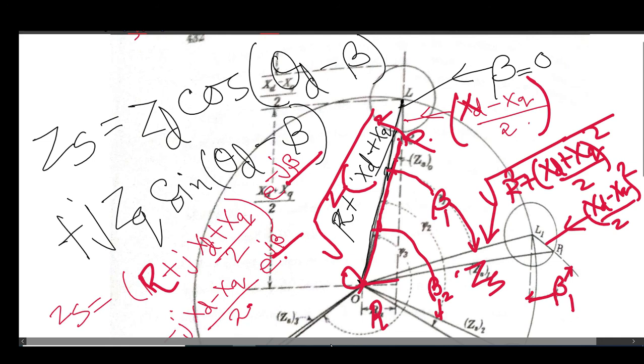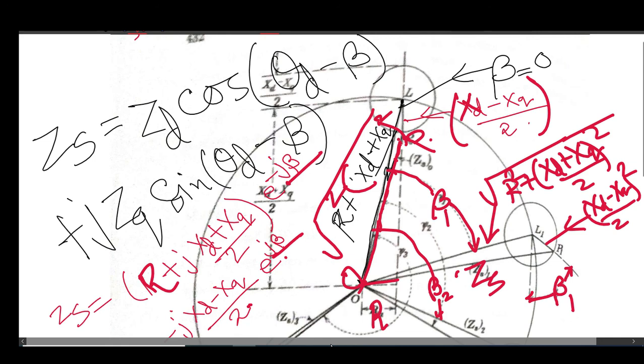The direct axis armature reaction reluctance is very small in comparison with the quadrature axis, and that is why the direct axis armature reaction will be predominant, and you will always have XD greater than XQ. The two extreme cases are when ZS is equal to XD, and when ZS is equal to XQ.